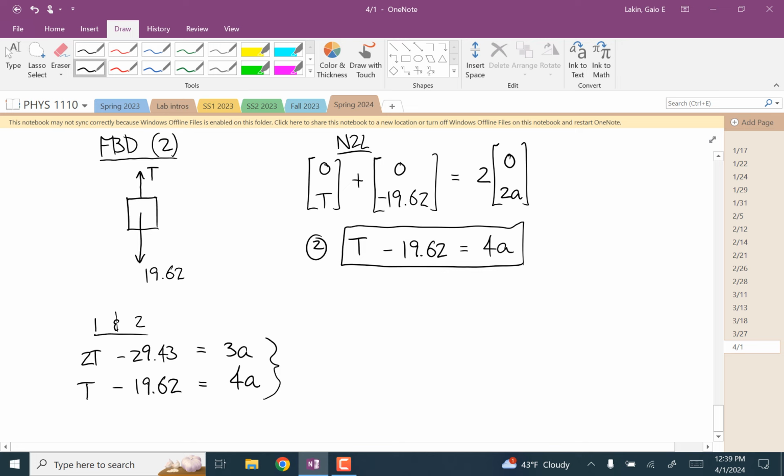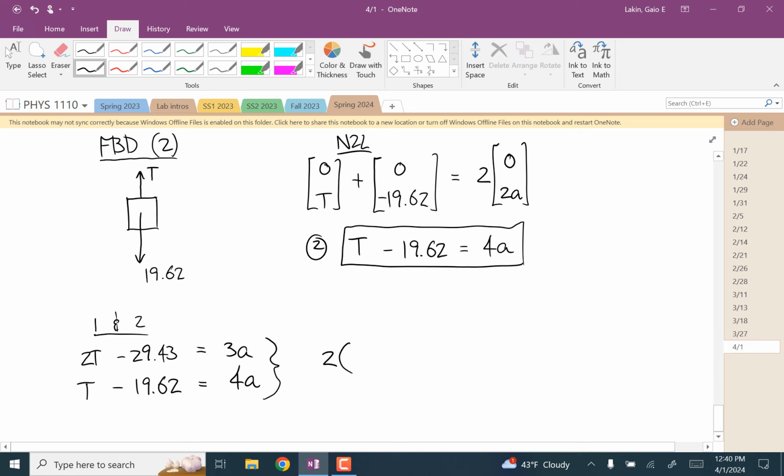So the second one says T is equal to 4a plus 19.62. If I substitute this in, I'm substituting the bottom into the top one.